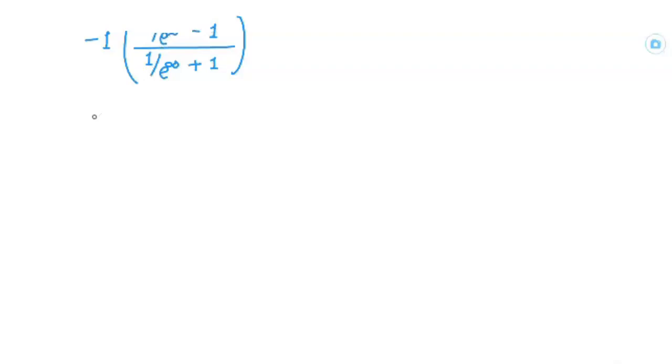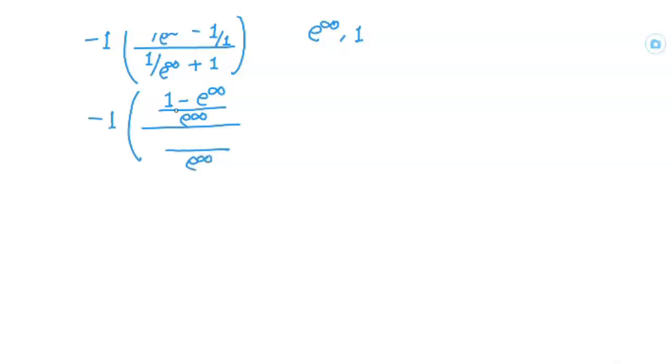In the numerator, we have 1 upon e to the power infinity and 1 upon 1, so the LCM will be e to the power infinity, giving 1 minus e to the power infinity upon e to the power infinity.